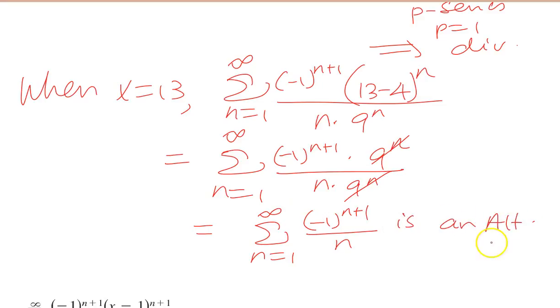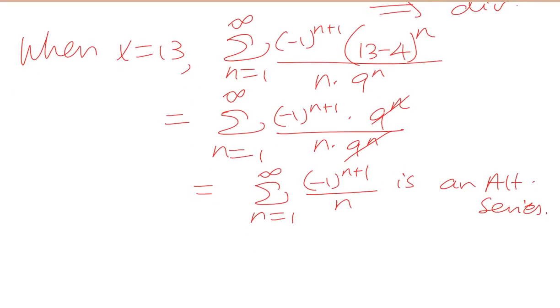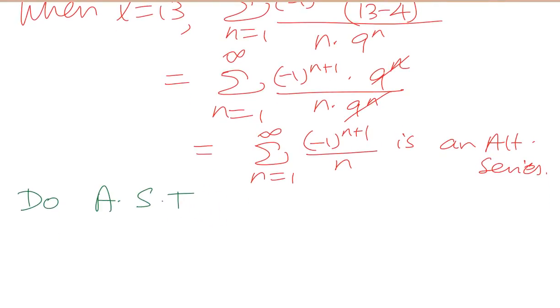So I'll make a note. It is an alternating series. So when x is 13, your power series turns into an alternating series. So do the alternating series test to determine the convergence or divergence of that. Alright guys, because this power series is an alternating series, I'm going to say do alternating series test. Remember the two conditions?